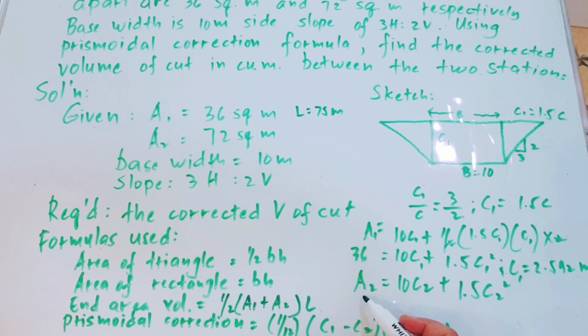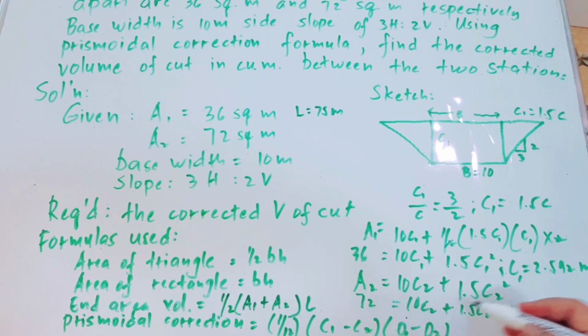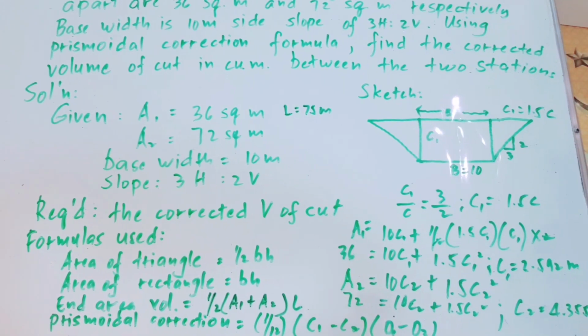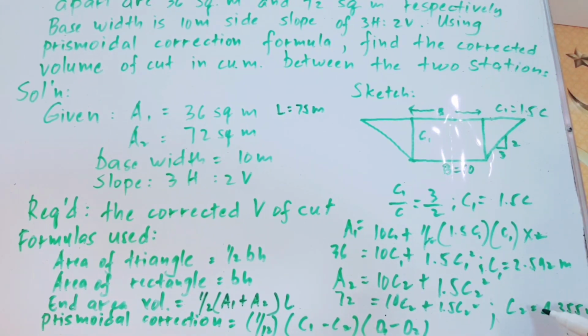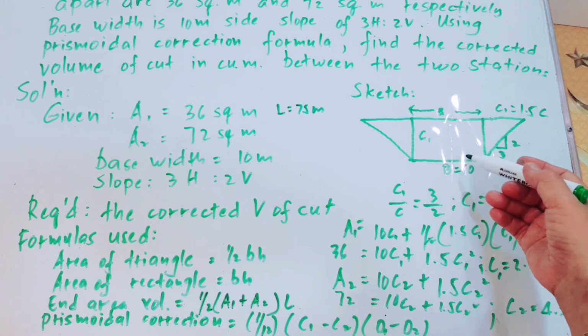Substituting the value of A2, which is 72, we have 72 equals 10 C2 plus 1.5 C2 squared. Simplifying, C2 is equal to 4.355 meters. We have now solved C1 and C2.